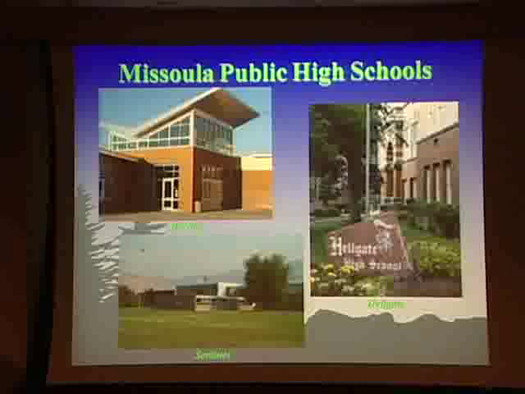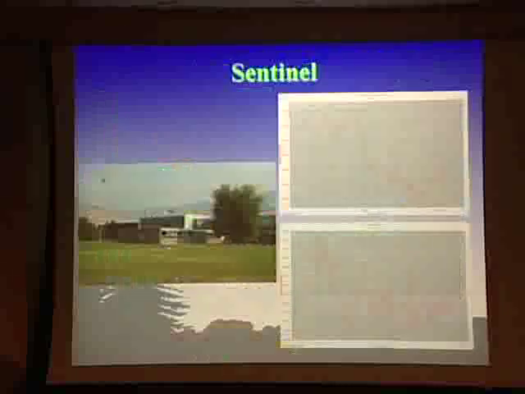So these are just some pictures of the high schools we tested. During the times we tested these high schools, there weren't a lot of people. We didn't want the school days to affect our data. And this is the graph for Sentinel.